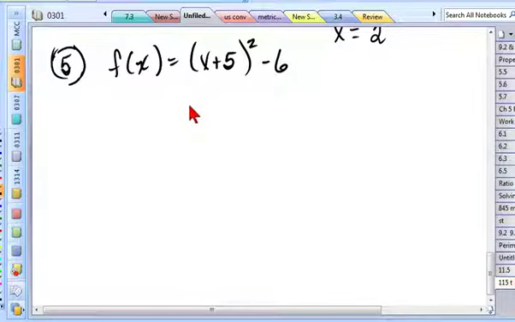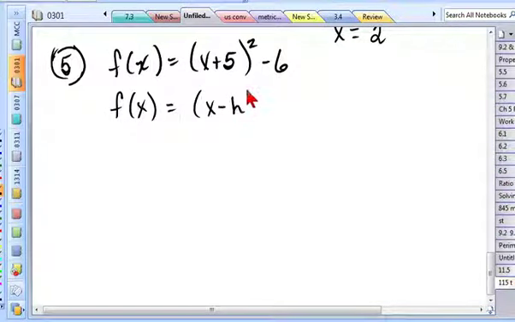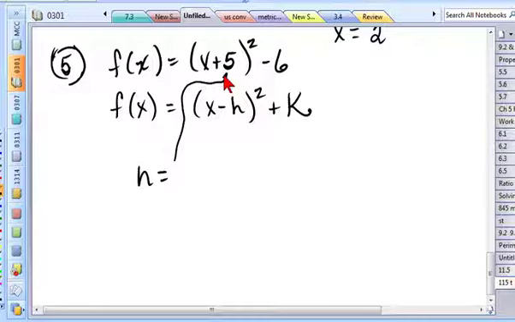All right, in this one, remember standard form, x minus h quantity squared plus k. All right, h is equal to the opposite of this number, so the h is negative 5.